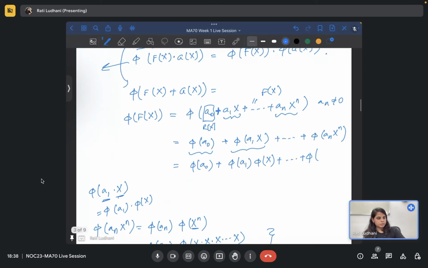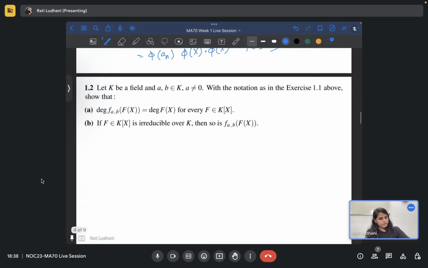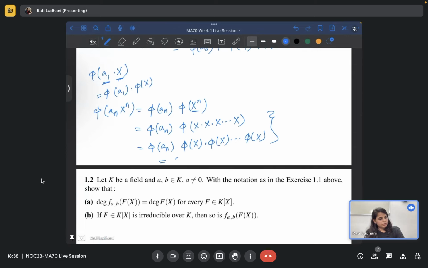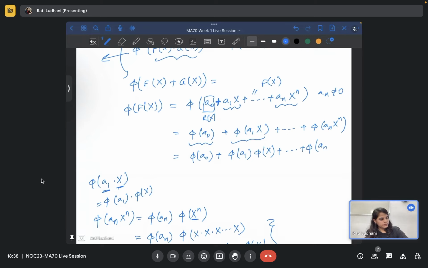We have this property for two elements' multiplication. I can recursively do it for three. Like if I have fgh, I'll first do it for fg and then h, and because associativity holds here, I can do that. So this will be equal to phi of an into phi of x raised to power n, right?